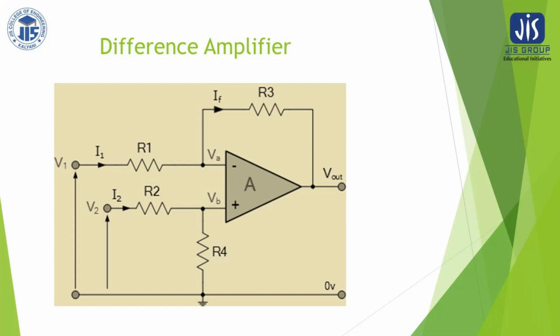So here how to calculate? What will be the intermediate voltage here? Say it is V. Then V could be written as V1 divided by the total resistance, that is the total current flowing here, because no current is flowing into the op amp, that is equal to 0. Current entering the non-inverting terminal is 0, so due to applied V1, total current is flowing down through R2.